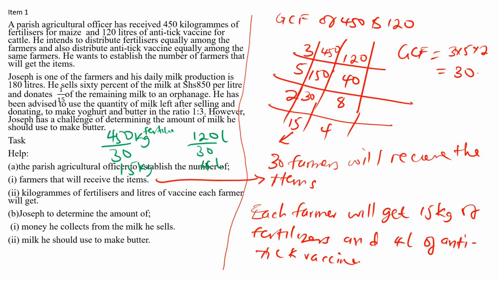That's why each farmer will get 15 kilograms of fertilizers and 4 liters of anti-tick vaccine. That is our first part, for Roman 1 and Roman 2. So here item 1 was somehow cheap.